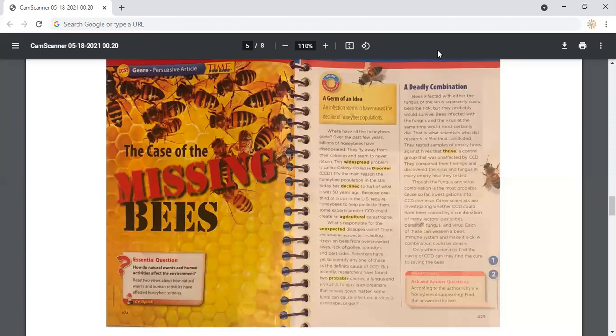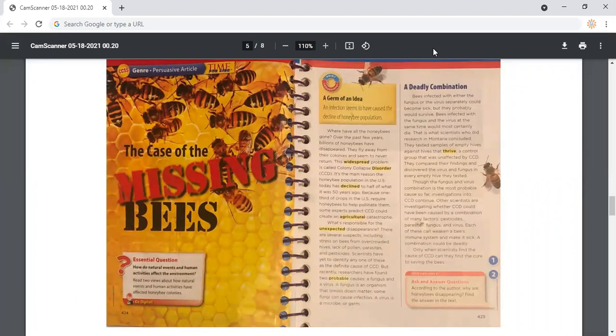A fungus is an organism that breaks down matter. Some fungi can cause infection. A virus is a microbe or a germ. So the author thinks the possible causes of the problem of the declining honeybee population include a fungus, a virus, pesticides, and parasites. All right, and here he defines a fungus and a virus.